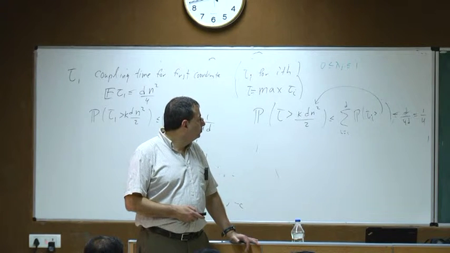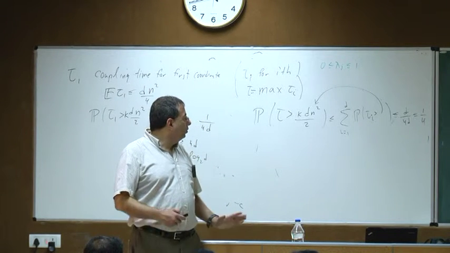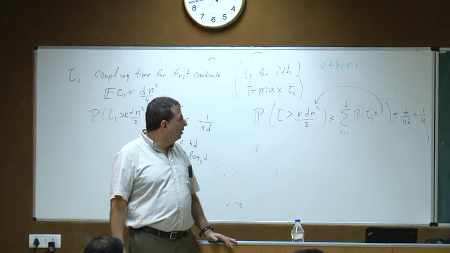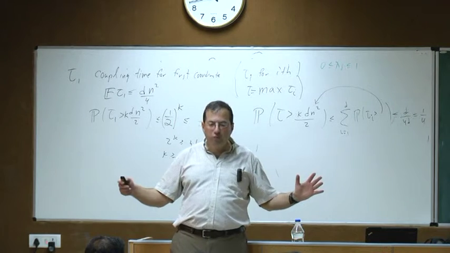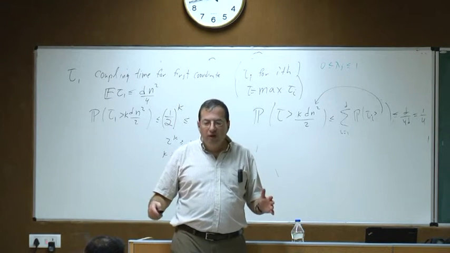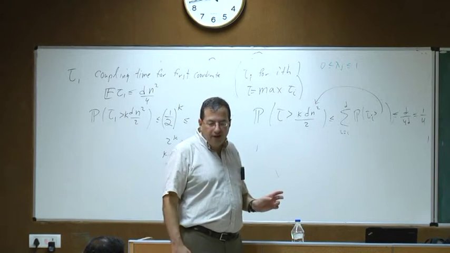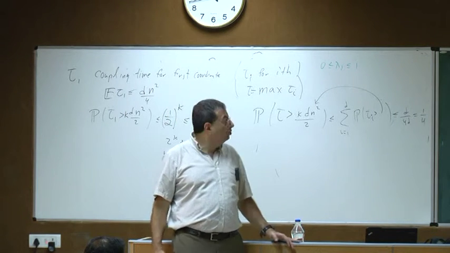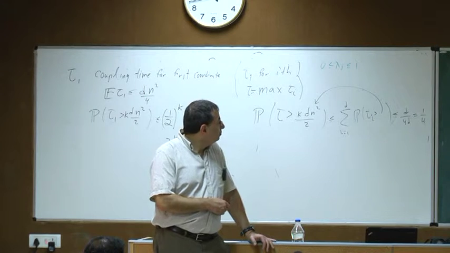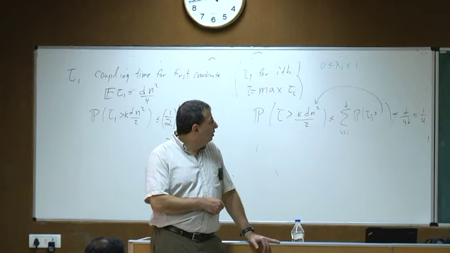Okay. Now let's go to actually a simpler problem of the same type, but we're changing the perspective. Instead of thinking of n as growing and d as a large constant, we're going to think of n as fixed and d as going to infinity. So this is going to be random walk on the hypercube. Simple and useful example.